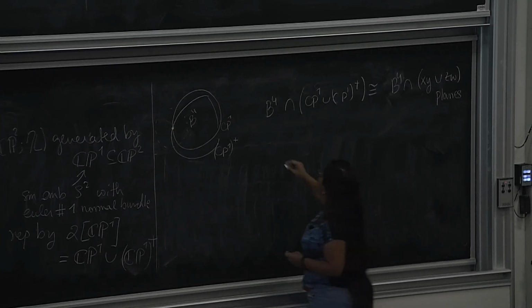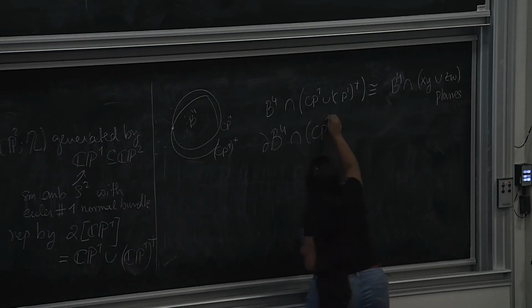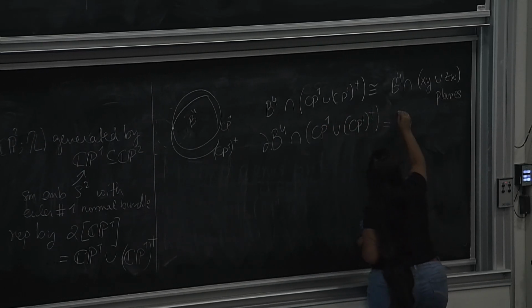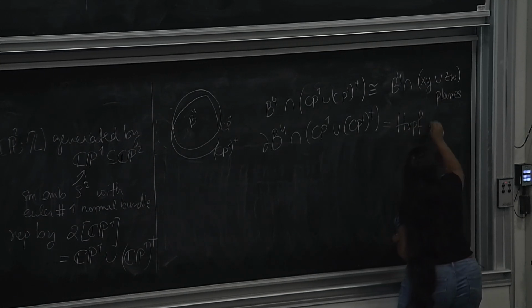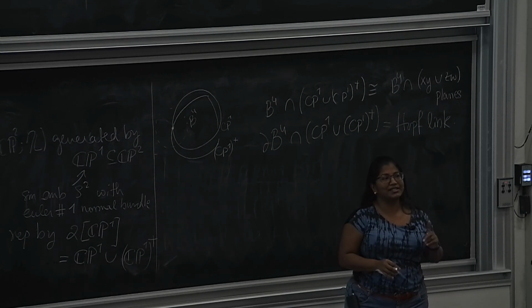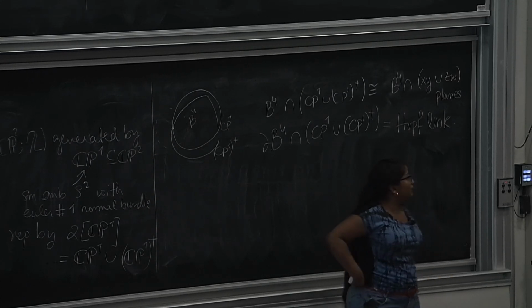In particular, this means that the boundary of B4 intersect these things is the Hopf link. That is not obvious unless you've thought about this before. That's another problem that we can talk about in the tutorial, but take this as a black box for now.